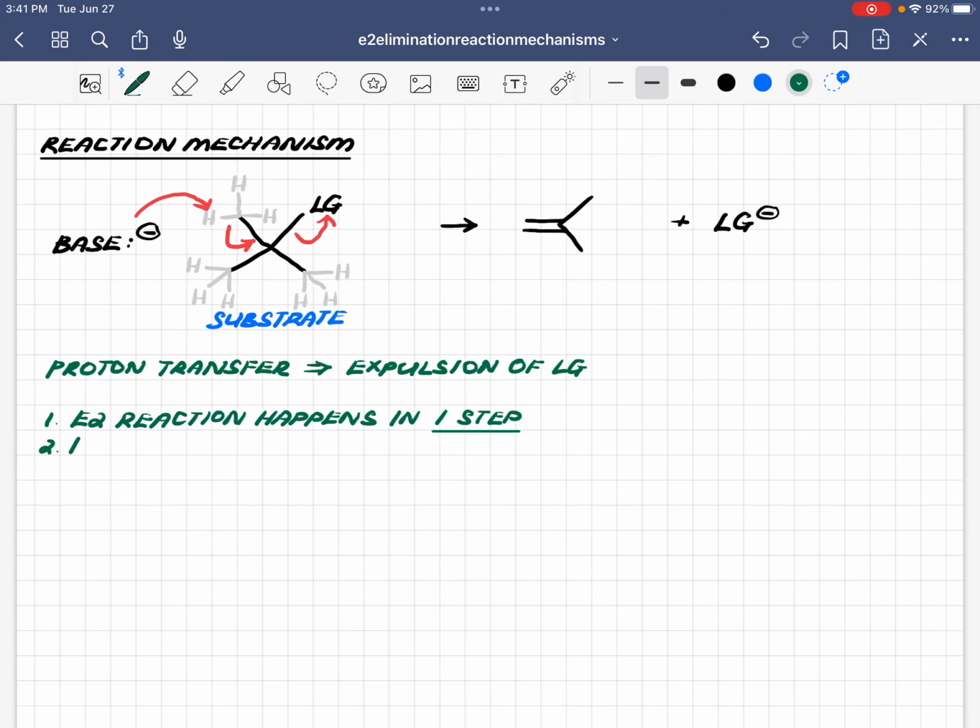Secondly, there are no intermediates, such as carbocation intermediates, being formed.